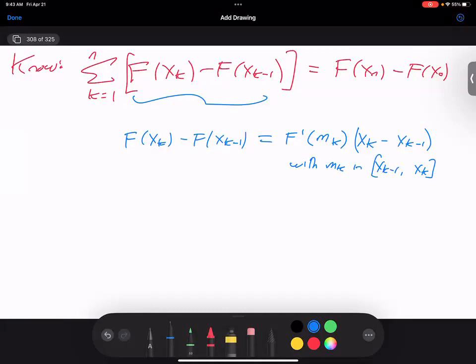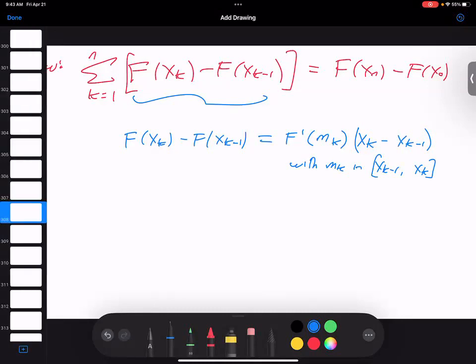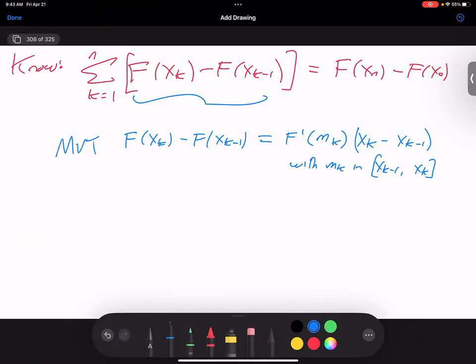Okay, and so it's the mean value theorem. It's the mean value theorem again. This is just the mean value theorem, but applied to big F. So F(x_k) minus F(x_{k-1}) is little f at m_k times 1 over n.